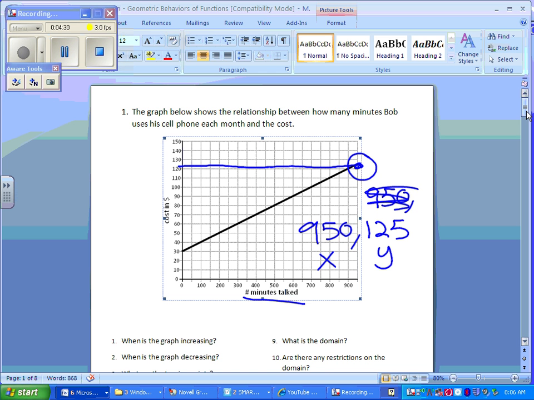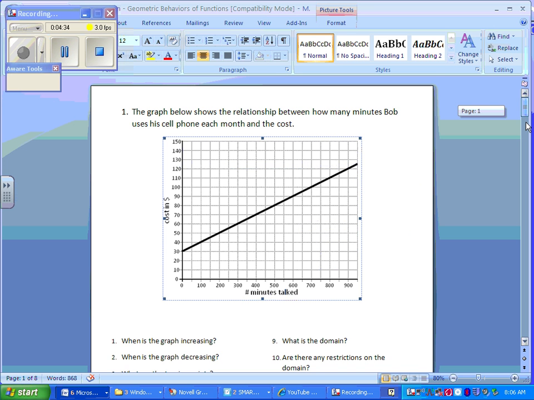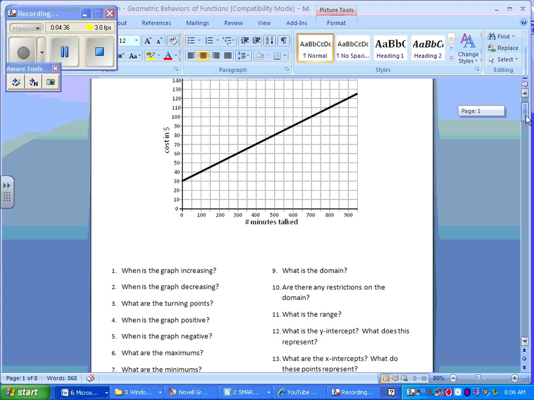Can I move this down? So what is the minimum? You're right. It's 30 to 0. But what is the 30? Is it minutes talked or cost in dollars? Right.